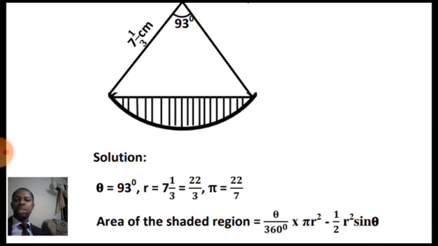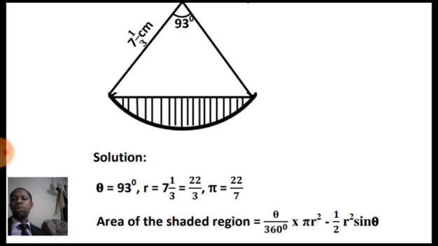Now, area of the shaded region is equal to theta over 360 times pi r square minus half r square sine theta. But lest I forget, our radius is given to us as 7 1/3. Now when you change it to an improper fraction, it becomes 22/3, which is 3 times 7 plus 1 over 3. And so that is how we got 22/3.